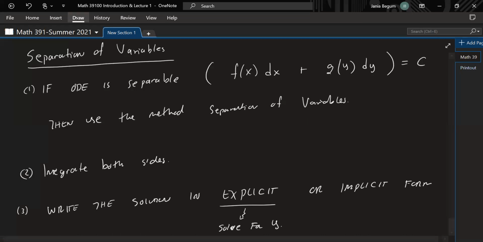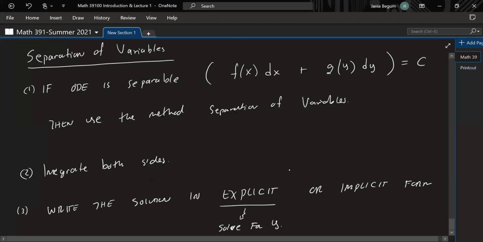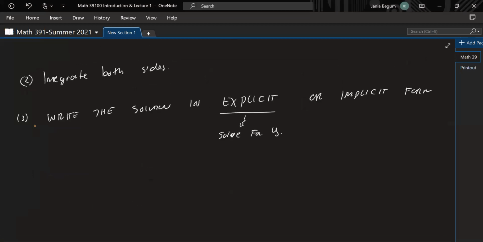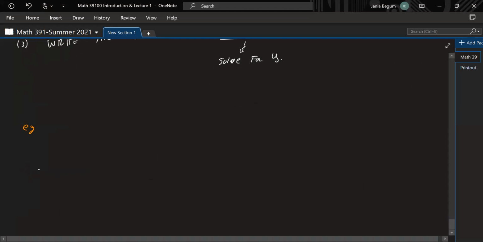So here's our first example. Say I want to find the solution to the following. So let's solve the differential equation. Let's say dy/dx is equal to 2x.